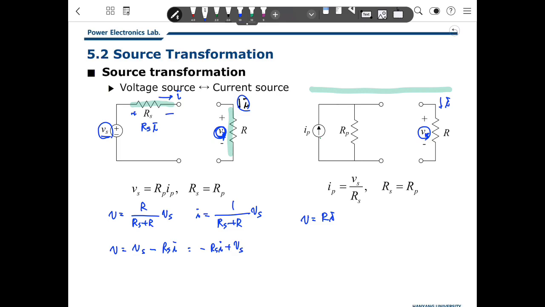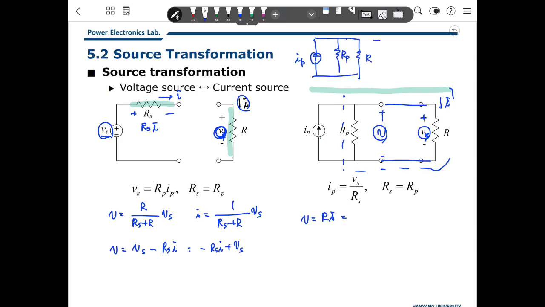If we define this is the V, this will be the V because we connect here. Then V can be written here with Ip and Rp and R, and this voltage is V.